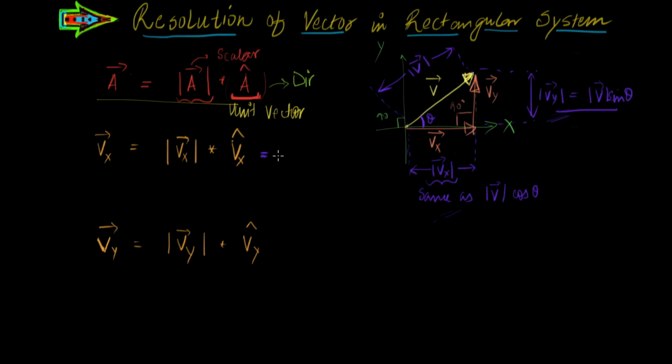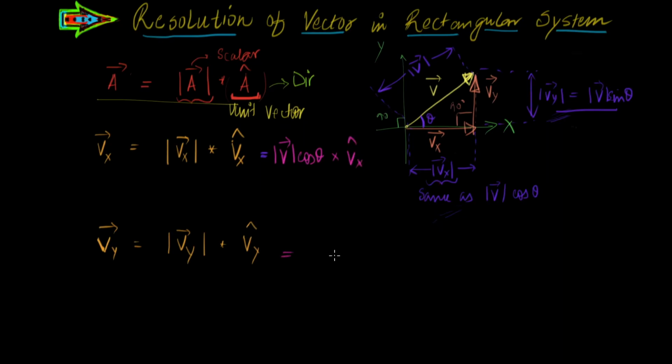So this turns out to be, let me change the color again. How about a pink? Yeah, let's use a pink. We haven't used pink in a long time. So v sub x would be the modulus of vector v times cosine of theta times the direction of v sub x.